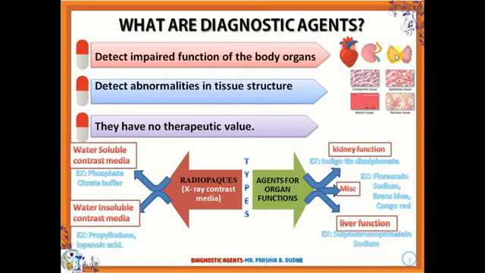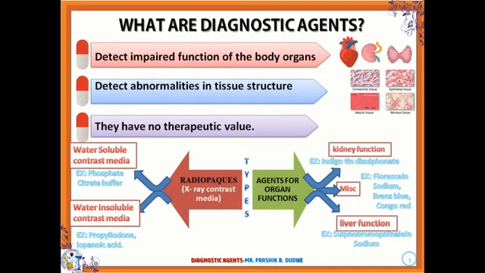These agents also help in detecting abnormalities in the tissue structure like epithelial tissues, muscular tissues, nerve tissues, and so on. These agents do not have any therapeutic or pharmacological action of their own. They are only utilized for detection purposes.